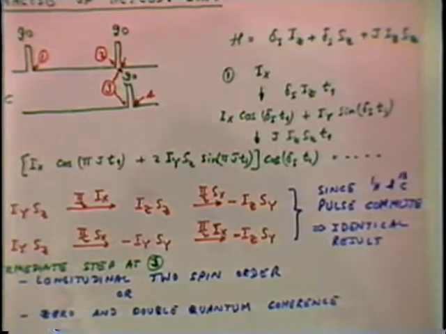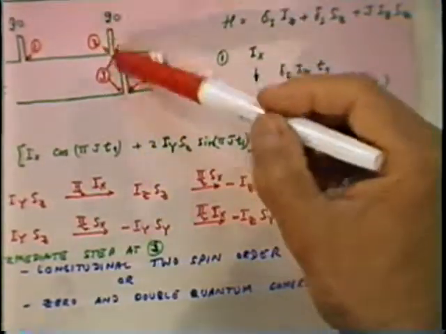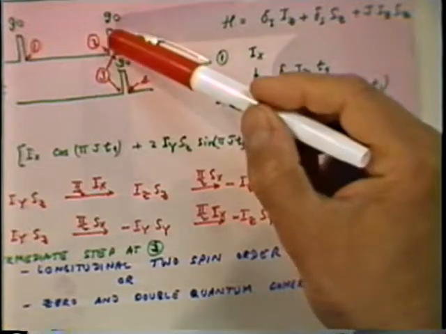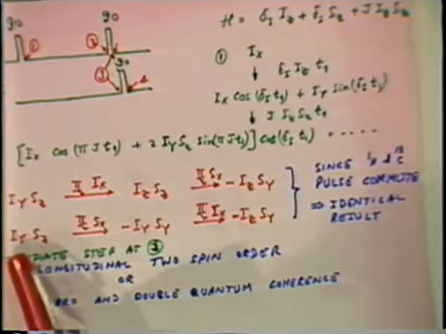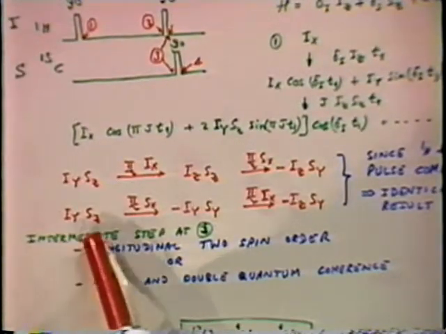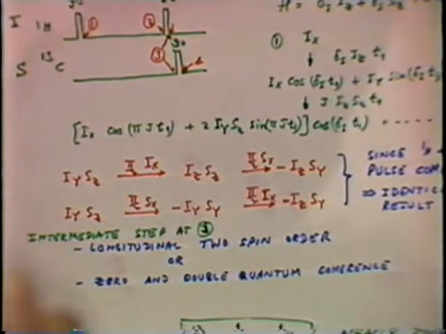We can think of it slightly differently. These two pulses actually commute with each other. I can apply any one of them before or after or simultaneously. It doesn't matter. So let's see what if I apply the S pulse on the IySz state, that is this state. I apply a carbon pulse first.